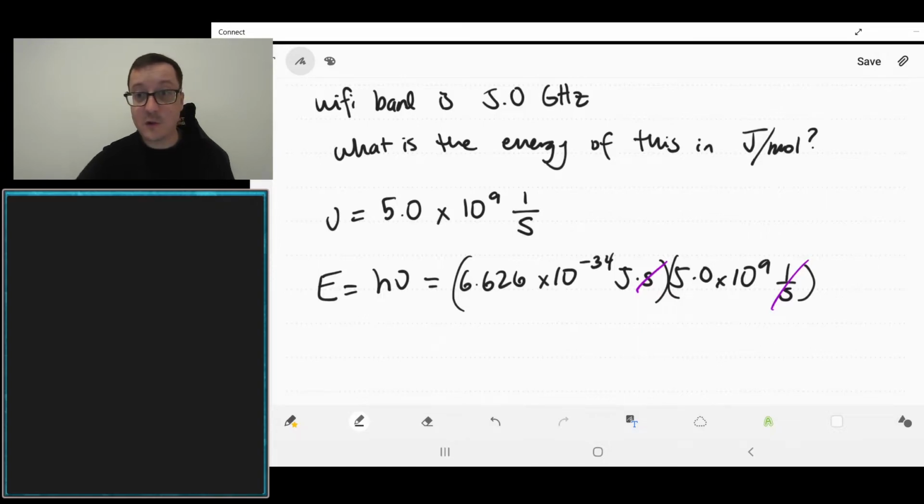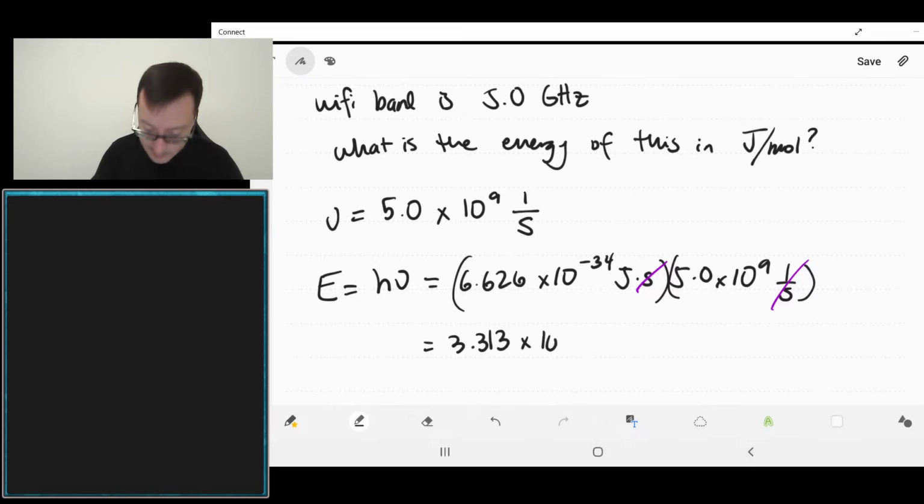This will be joules for 1 photon, but let's go ahead and do it, and we'll adjust it later. 6.626 times 10 to the negative 34 times 5 times 10 to the ninth is 3.313 times 10 to the negative 24 joules.